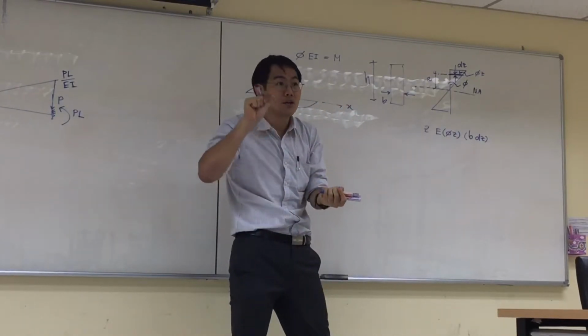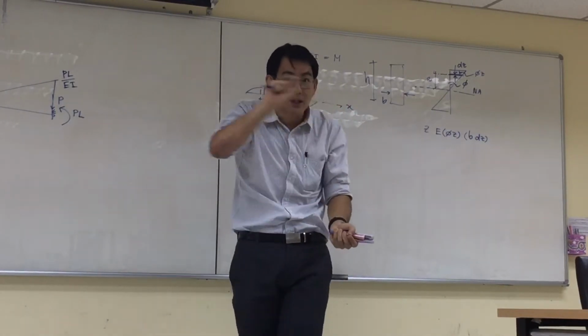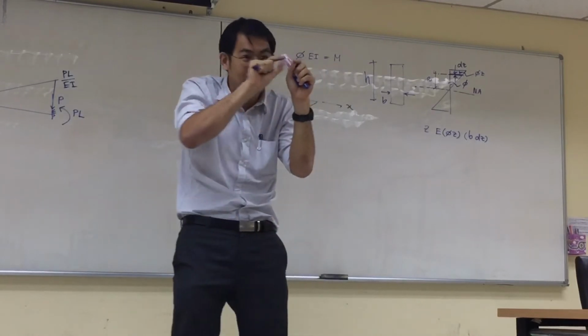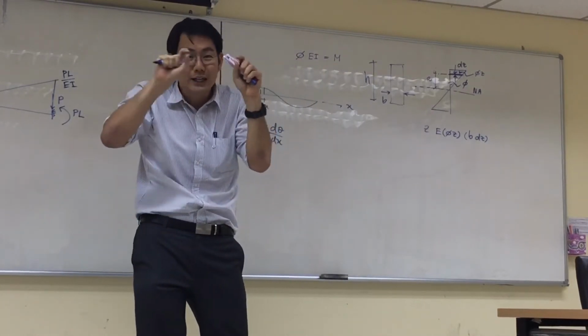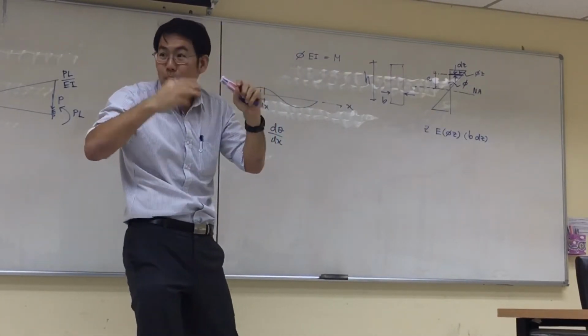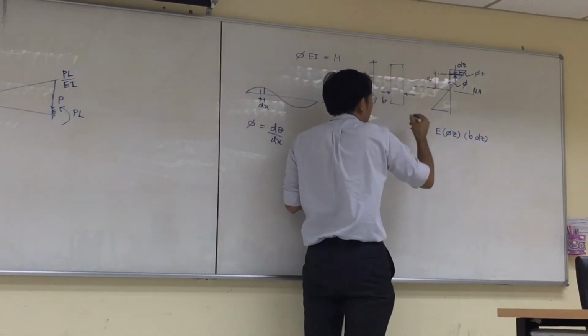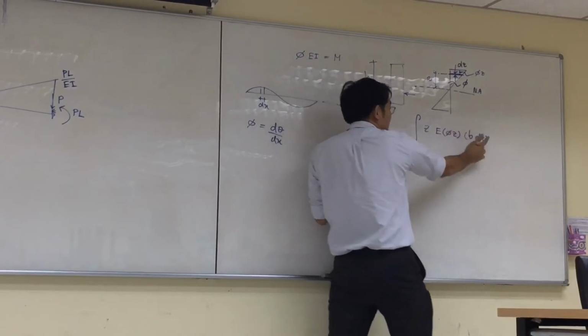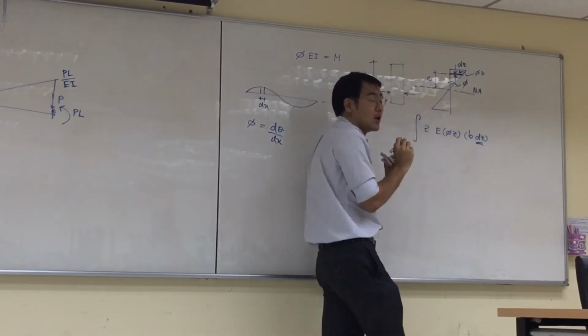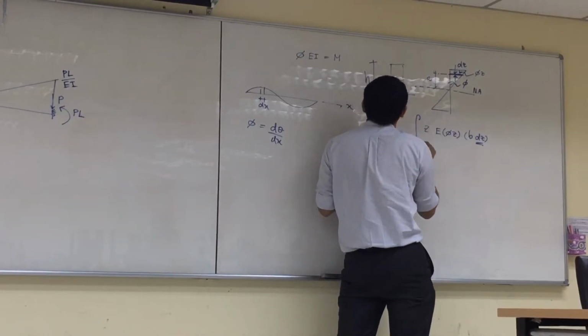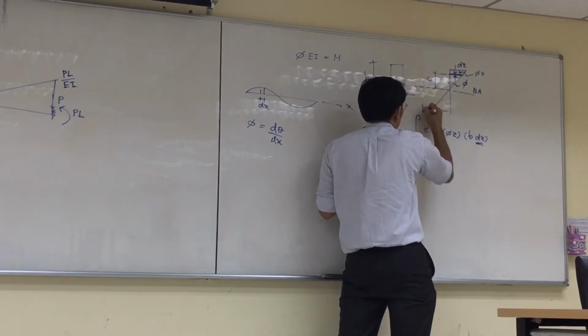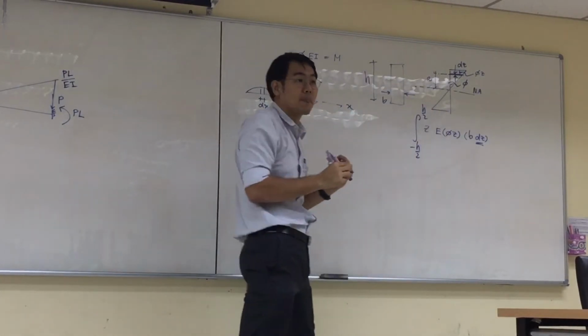But this moment is produced by just this force over this infinitely thin layer. So we need to integrate through the whole cross section. So integrate with respect to C, from minus H over 2 to H over 2.